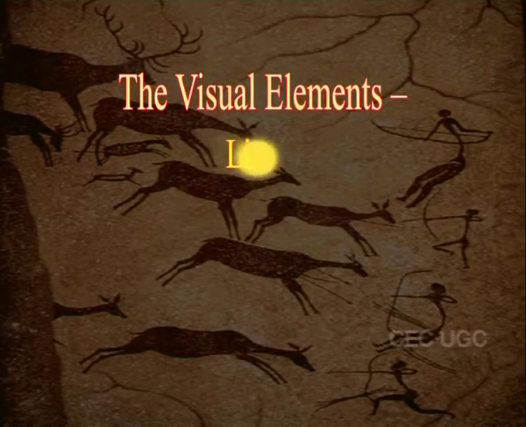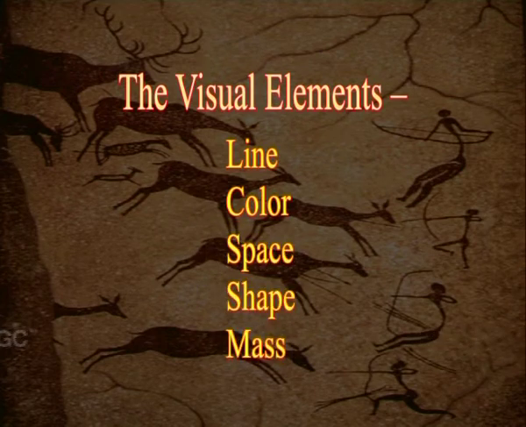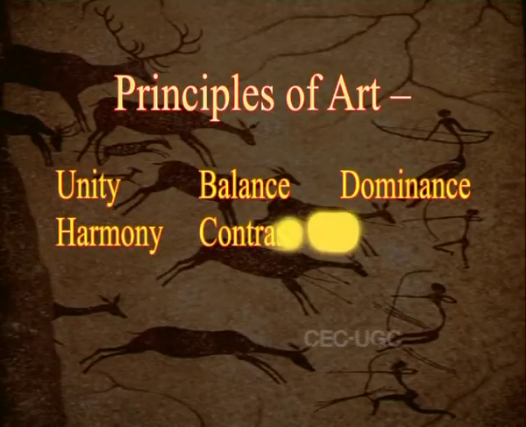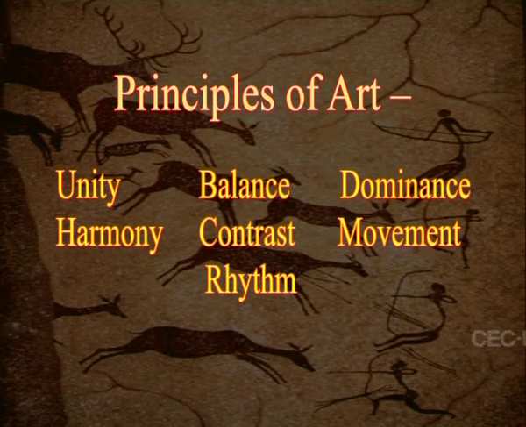The visual elements, line, color, space, shape or mass, texture, light and shade, scale and proportion, are the raw materials artists use to express their ideas, whereas the principles of art like unity, balance, dominance, harmony, contrast, movement and rhythm help an artist to create a perfect composition.